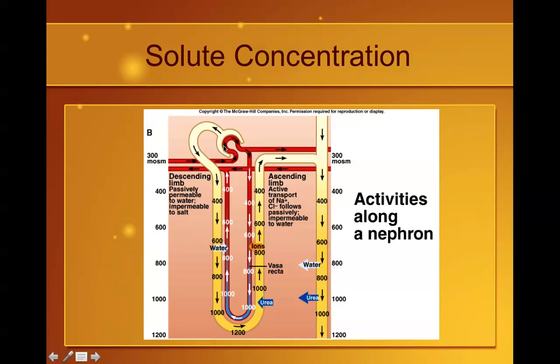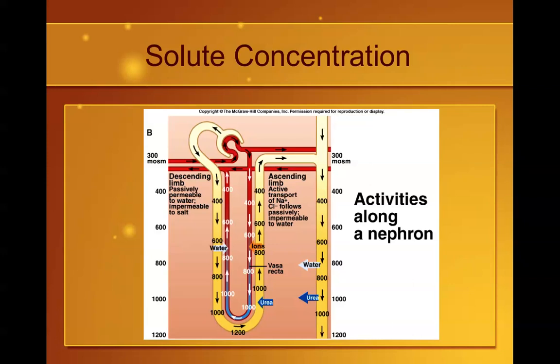So because water is a small molecule, it's able to go through the glomerulus here, and you need to reabsorb it. It's going to be reabsorbed primarily in two places, in the descending loop of Henle and in the collecting duct. Now, water, if you go all the way back to cells, you cannot have active transportation of water.